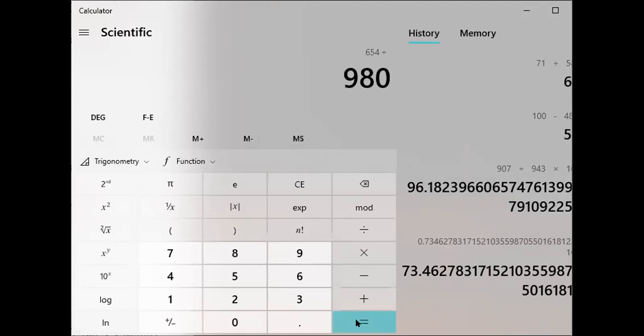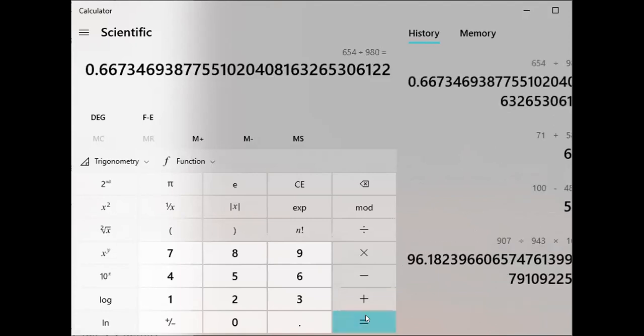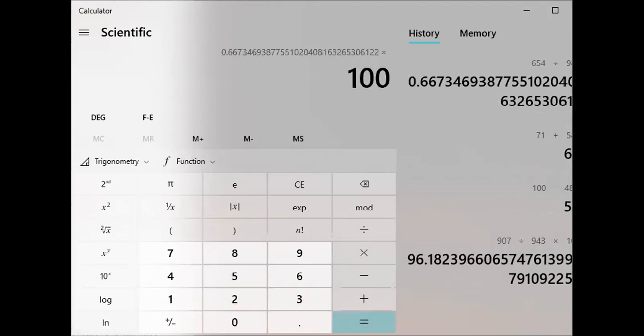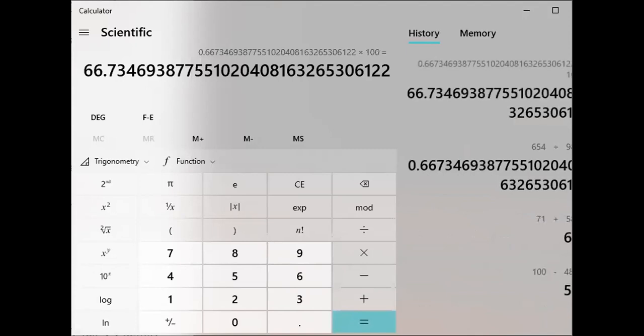And enter. Because you're looking for a percentage, you need to multiply this by 100%. And you need to round to one decimal place, so your answer will be 66.7. You cannot round up here because you have 3 after the 7, right?